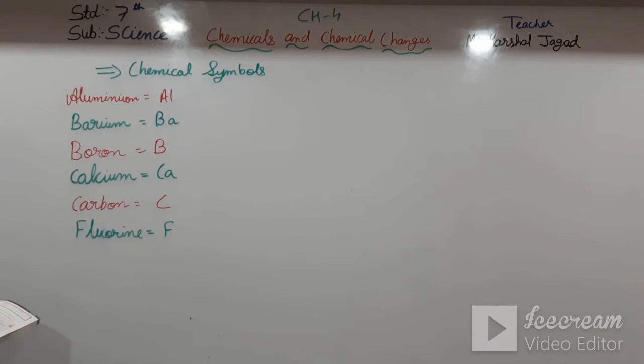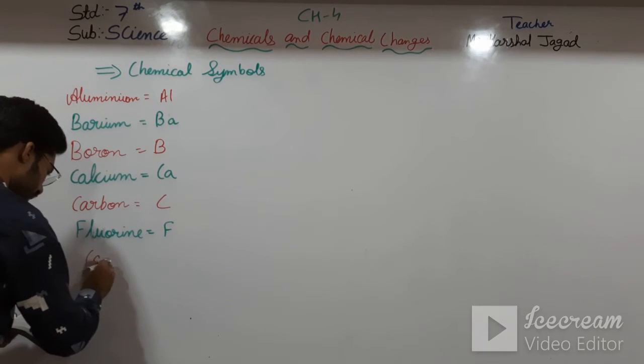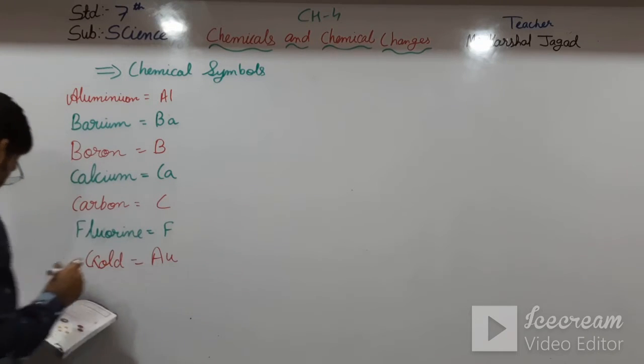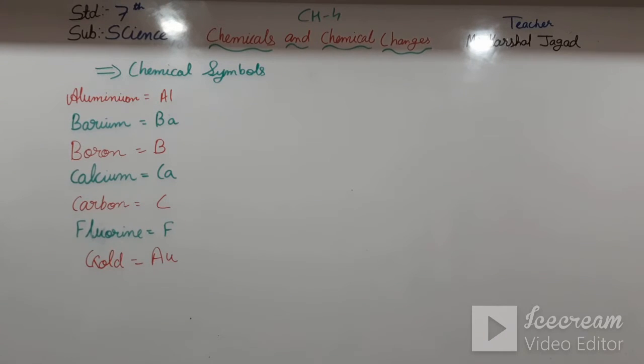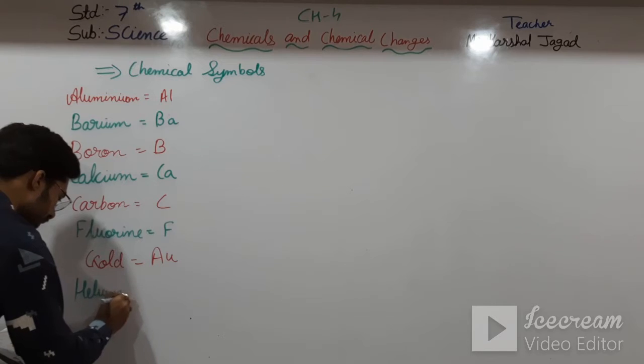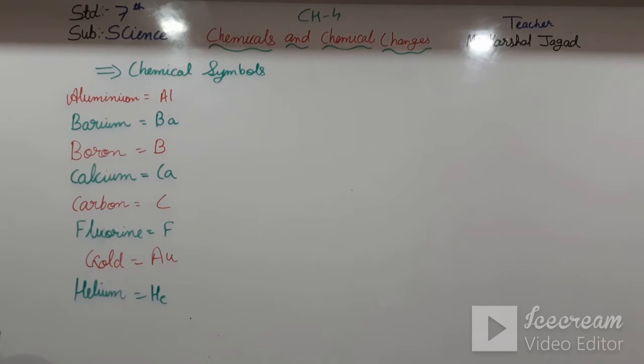Then coming towards gold, that is Au, from aurum. Then helium, that is He, H capital E small.